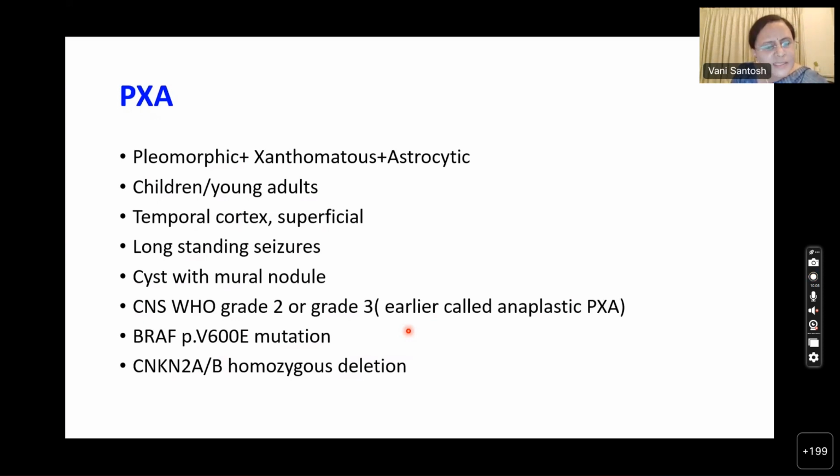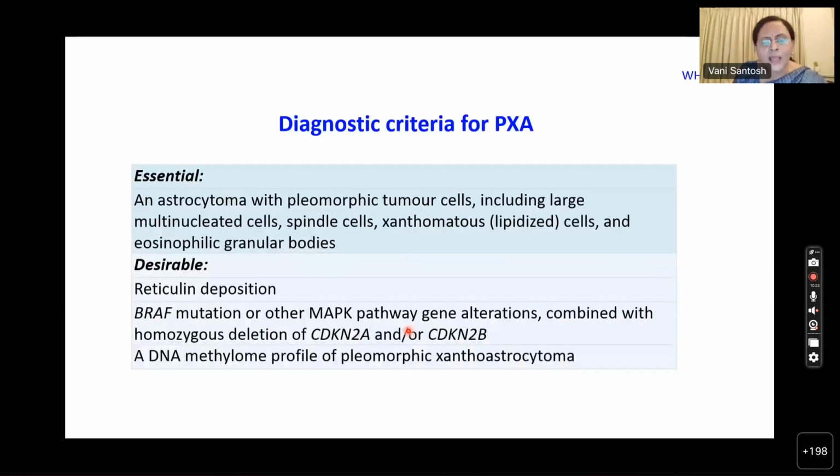Now, these tumors characteristically harbor the BRAF V600E mutation, but that is seen in only 70 to 80% in grade 2 and about 50 to 60% in grade 3 tumors. They also simultaneously have the CDKN2A/B homozygous deletion, which we don't have to demonstrate, because the essential diagnostic criteria for PXA is only histological.